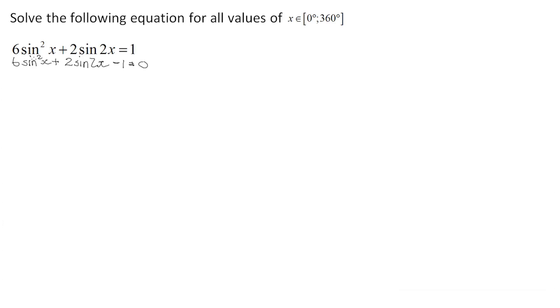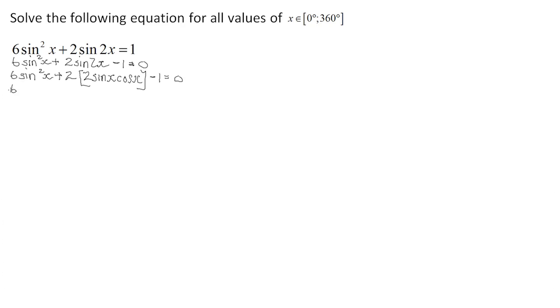Sine squared x, sine 2x. So obviously we need to go to our formula sheet and get the equivalent of sine 2x. 6 sine squared x plus, remember that's 2, but sine 2x is 2 sine x cos x, minus 1 is equal to 0.